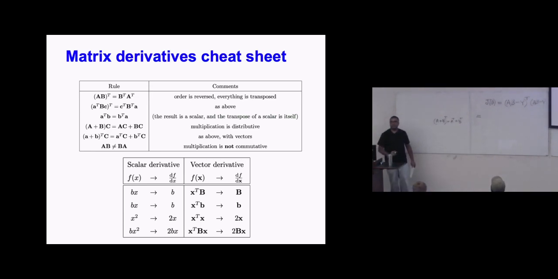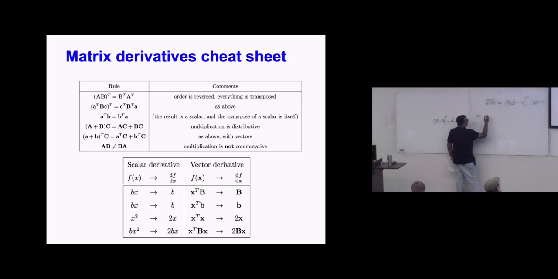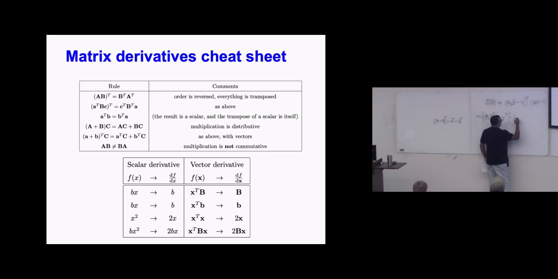You remember this? Or if it's a minus, it's just a minus, right? So we are going to use this formula here. So what we are going to do is (A beta) transpose minus Y transpose, times A beta minus Y. Clear? Okay.